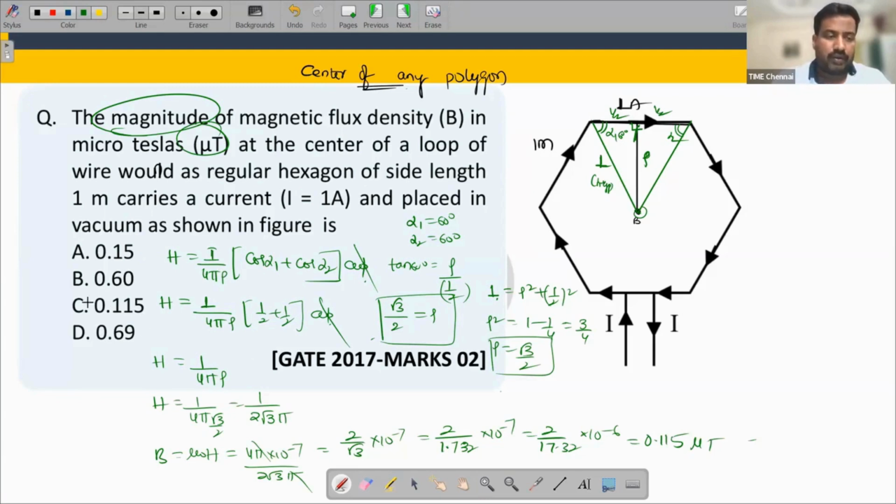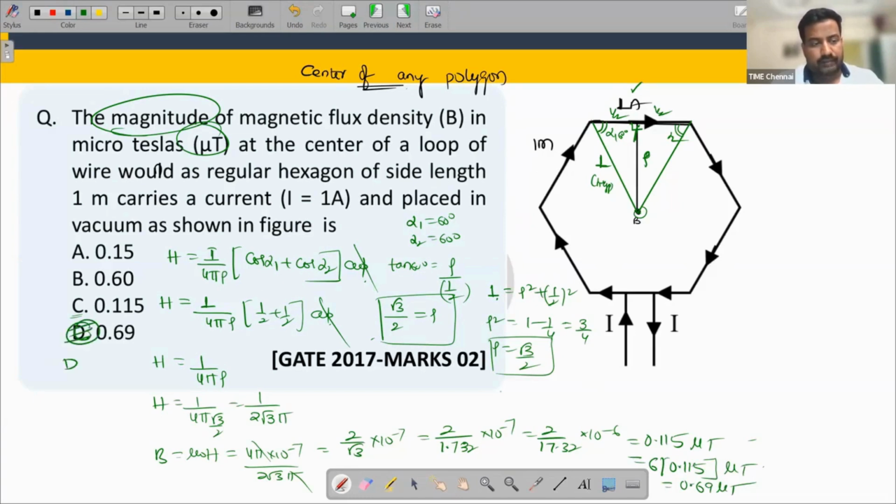So most of you will go for C because that is in the option. But sadly, this is only for one line. There are 6 such sides here, and current is in opposite direction. Force is repulsive. Field will add every time. So I need to add this 6 times for the total value. 6 into 0.115 microtesla, which is 0.69 microtesla.